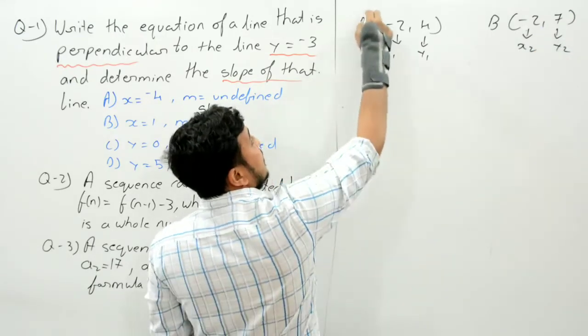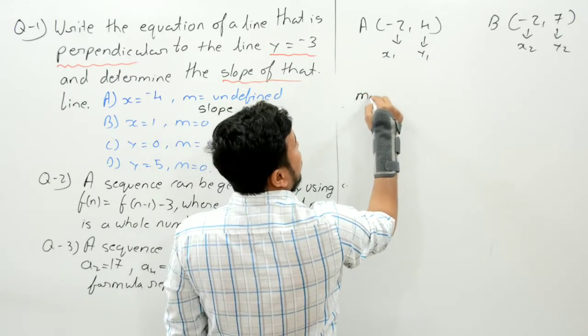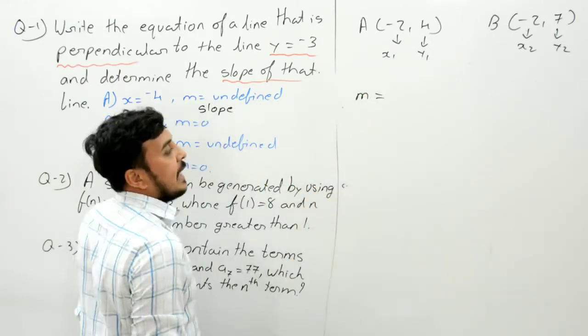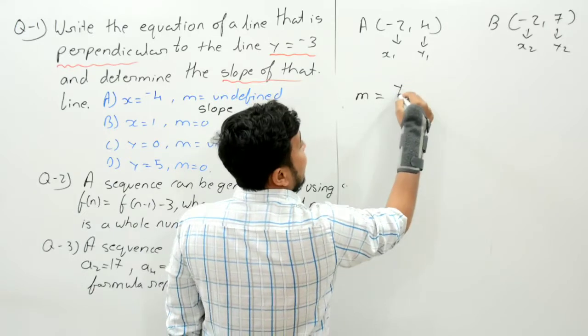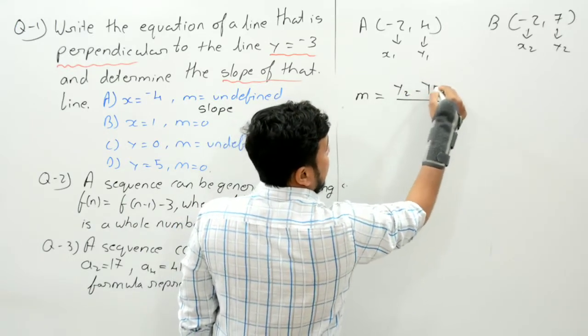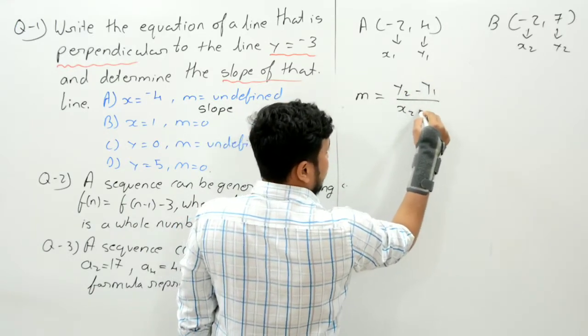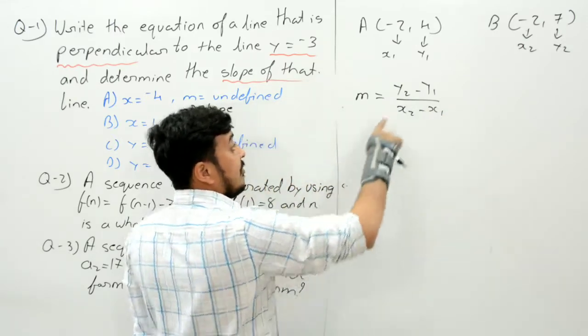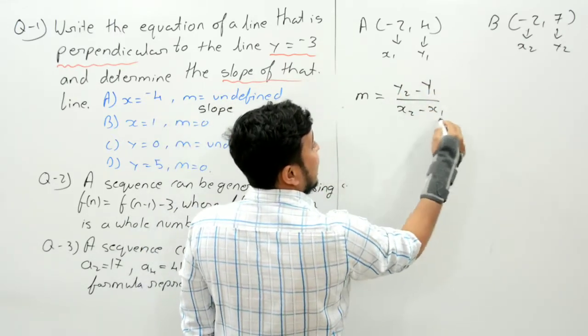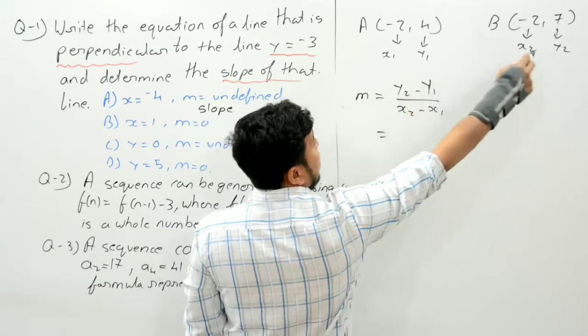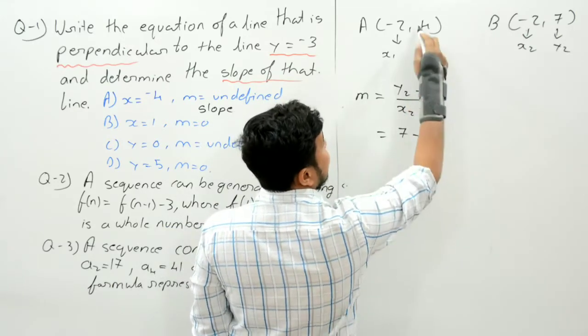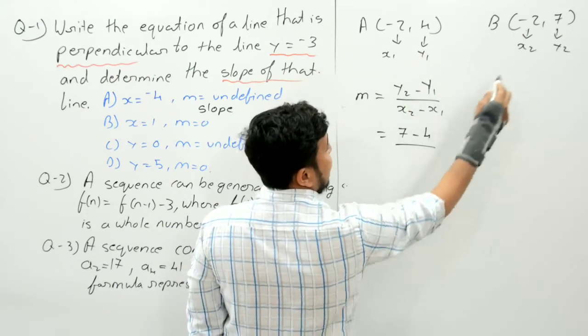If we have taken these 2 points on any line, then to find the slope m, we have the formula y2 minus y1 upon x2 minus x1. What is y2? 7. Minus y1? 4. What is x2?